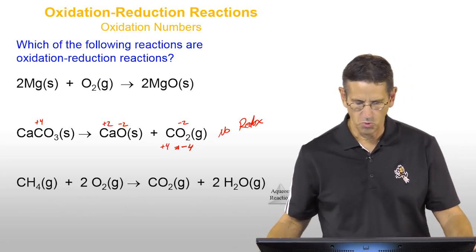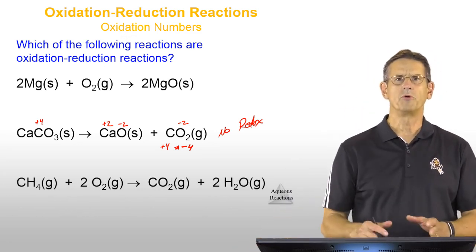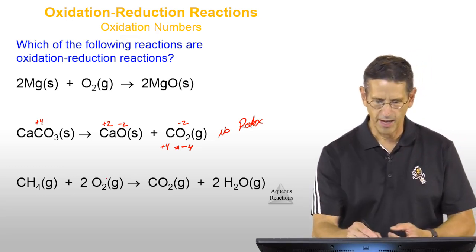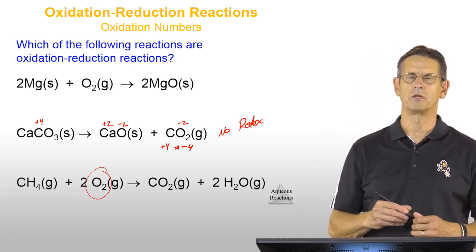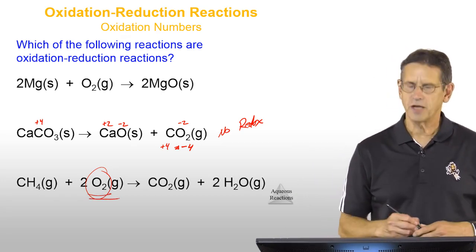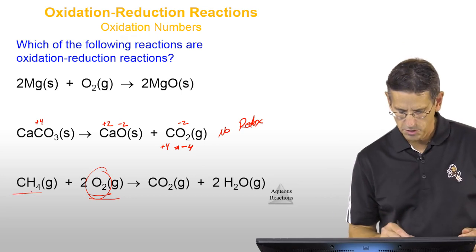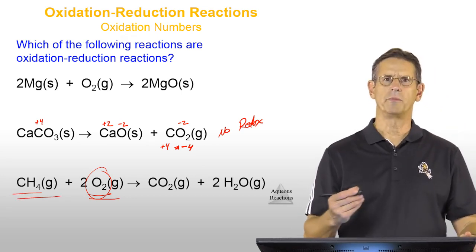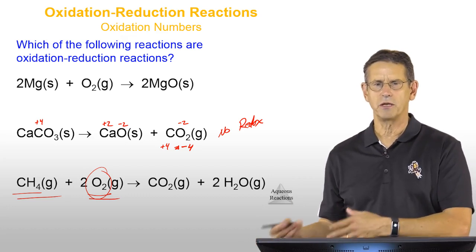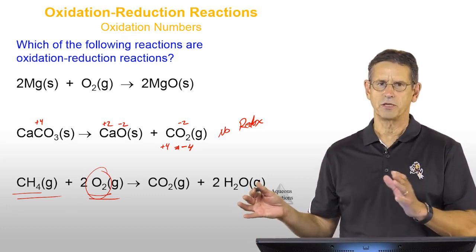All right, one more. Again, before I move forward, the biggest clue you're going to look at is look for free elements. Well, here you got oxygen. This is the combustion. Remember, that's another reaction that we had, combustion. The reaction of oxygen with a hydrocarbon, in this case methane. Okay, free element on the left side of the equation. It's now in a compound on the right side, oxidation reduction.